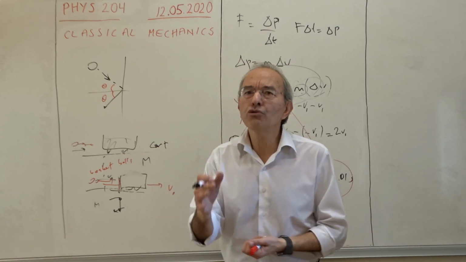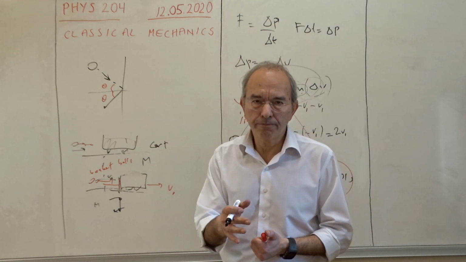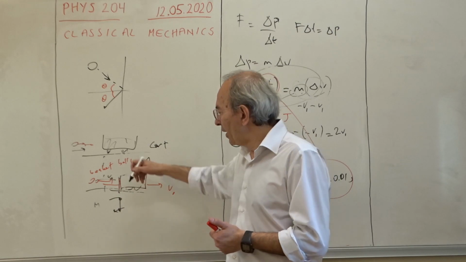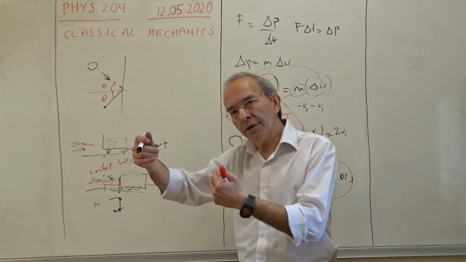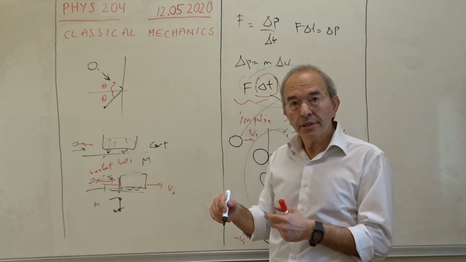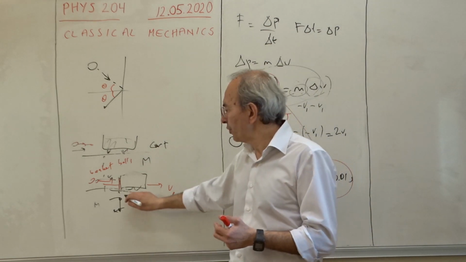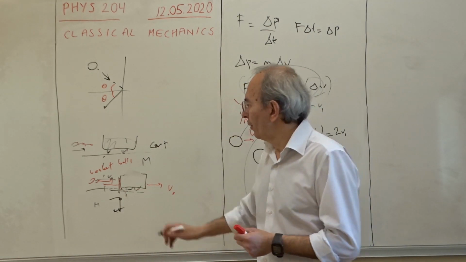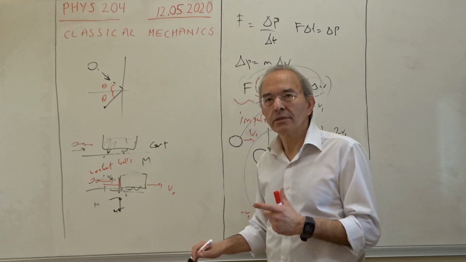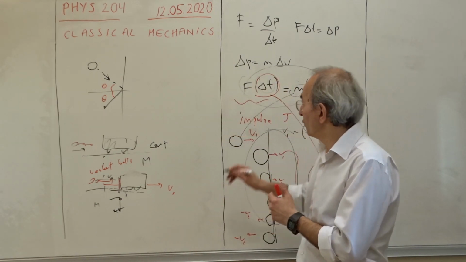So anyway, it loses some part of its momentum in this collision. Then that momentum is imparted to the cart. So as a result, if the friction, for example, is not too high, then this cart may start to move forward because of this equation.